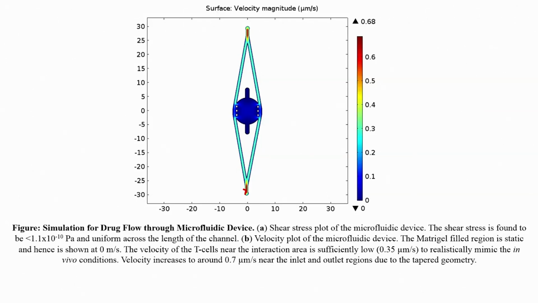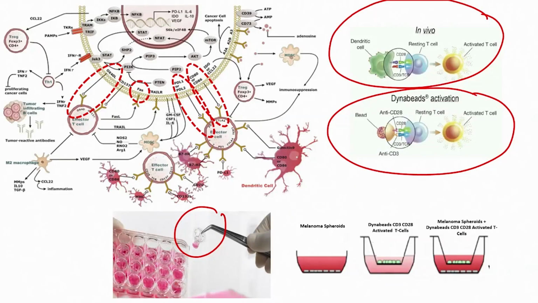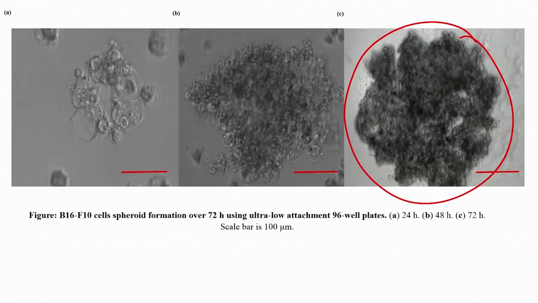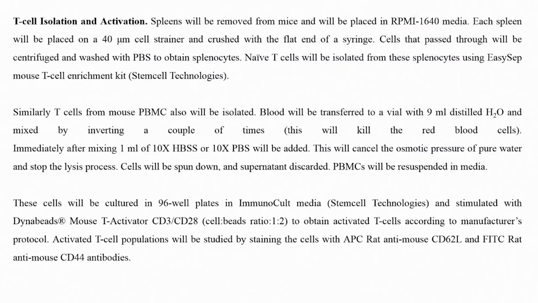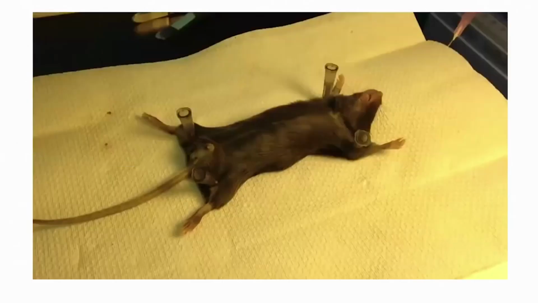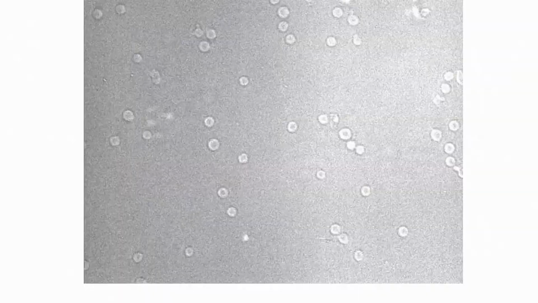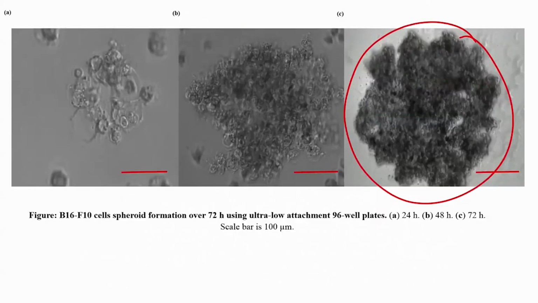So, what we learn in these modules is what immunotherapy is, how T cells look like, and how T cells can be isolated from the spleen of the mice. This is how a T cell looks like, this is a 20x image, so that is why you can see it bigger.